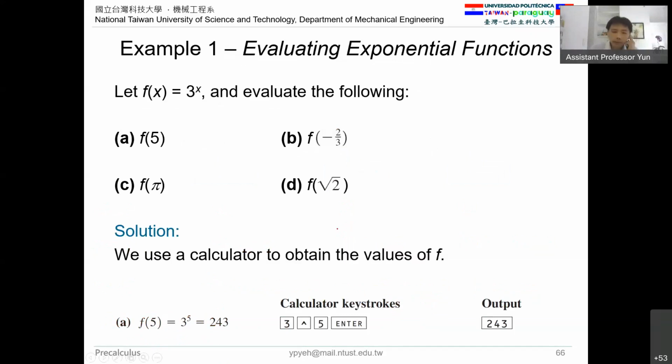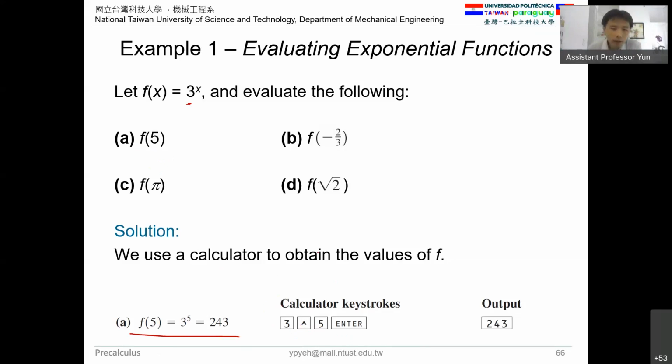So here maybe these are just some examples. If we have the function f of x equals 3 power of x, where the base is 3, then f of 5, we just explained, will be 243. We did that by hand, or you can use a calculator.